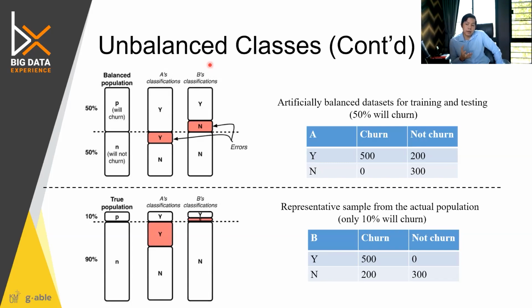So you can see that the errors in the real world would be different. This error for classification A would be larger than for classification B. But to say which one is better is too early at this point. Why is that?